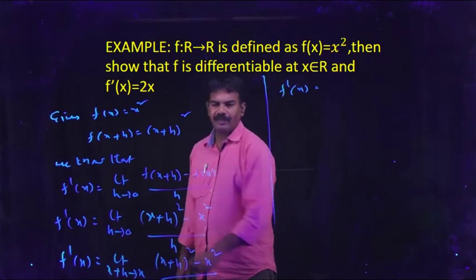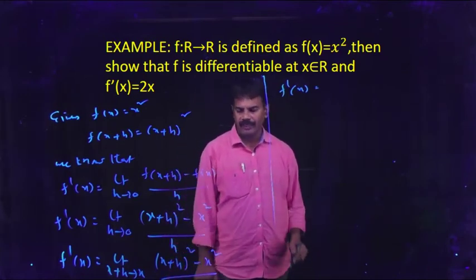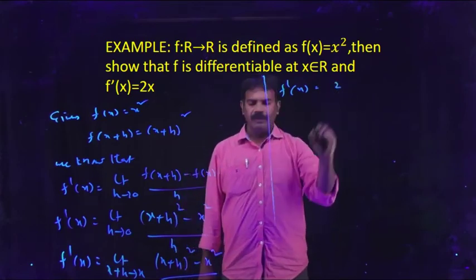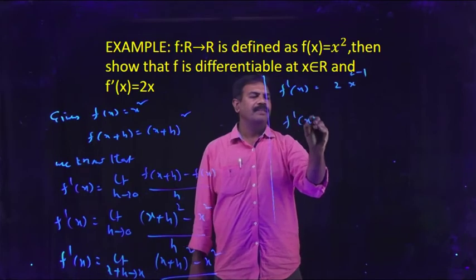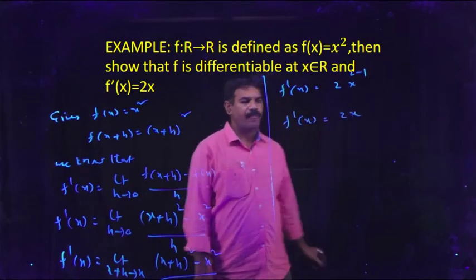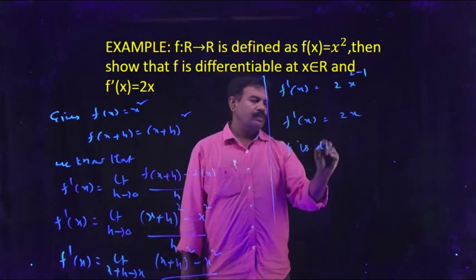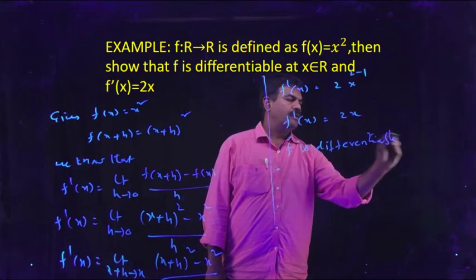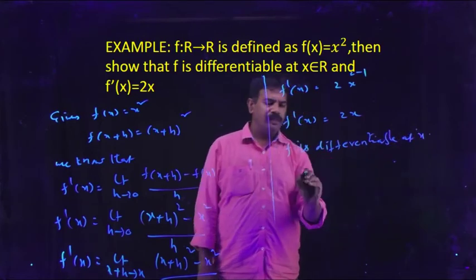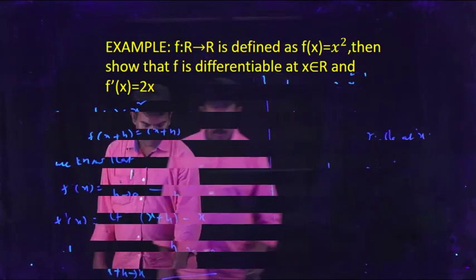Here x is equal to x plus h and a is equal to x, n is equal to 2. So we write it n into x power n minus 1, that is 2 into x power 2 minus 1. It is f dash x is equal to 2x. So f is differentiable at x. Therefore, f dash x is equal to 2x.